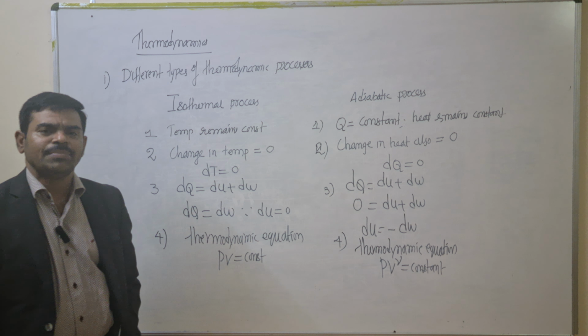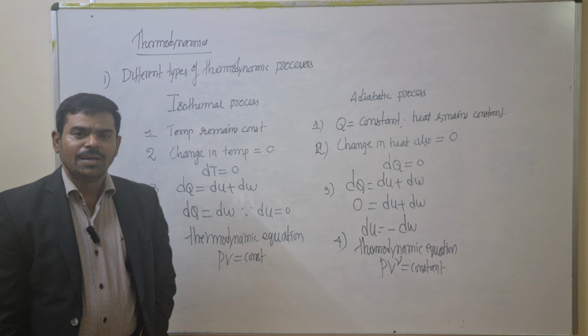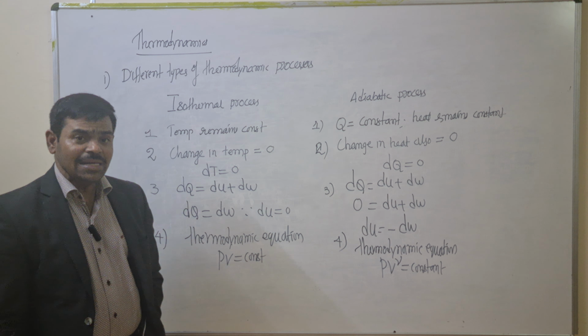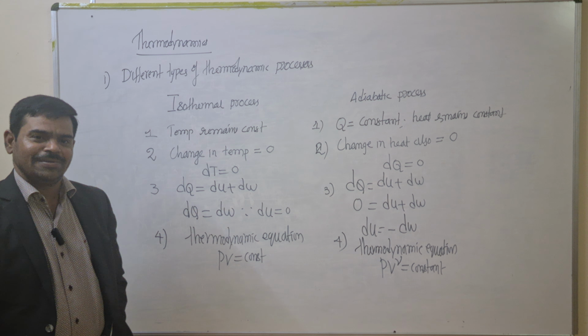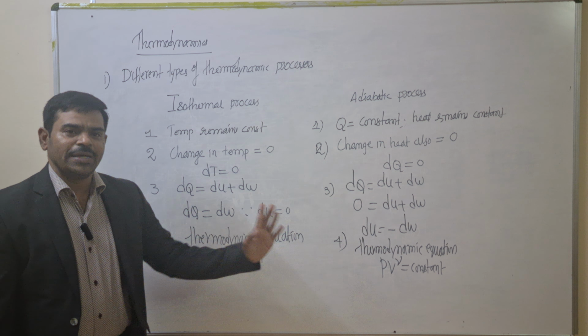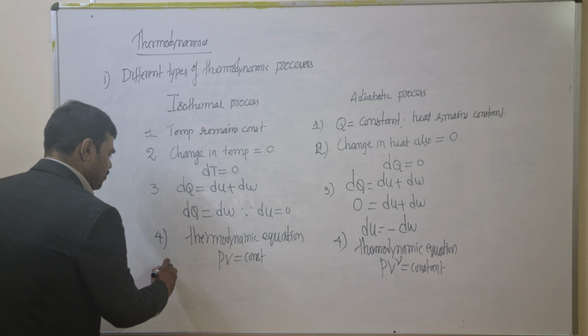Here gamma is the extra term compared to the isothermal equation, and gamma is nothing but the specific heat ratio.